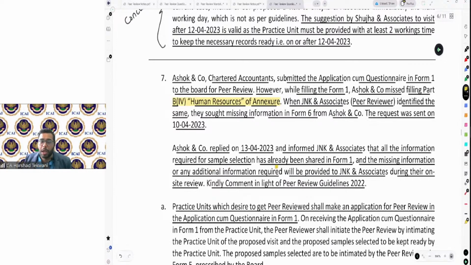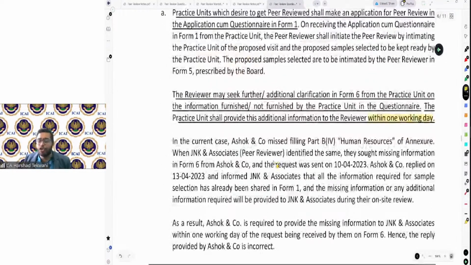On 10/4/2023. Now, as per the provision, Ashok and Company should provide within 1 working day, that is by the 11th. They cannot hold the information and cannot ask J&K and Associates, the peer reviewer, to verify the information once they visit on site.